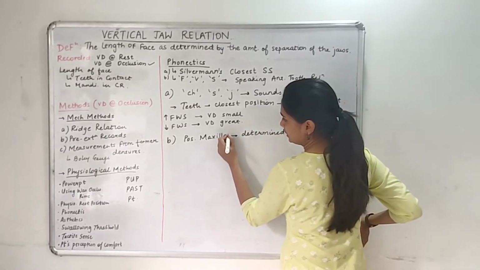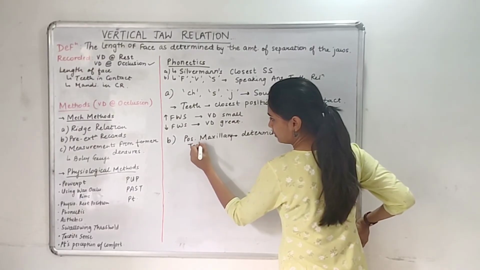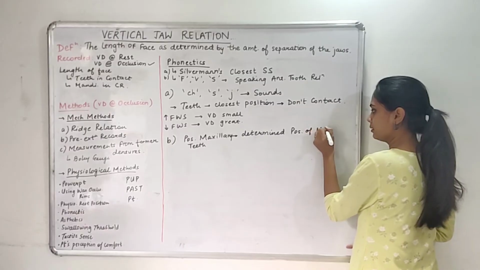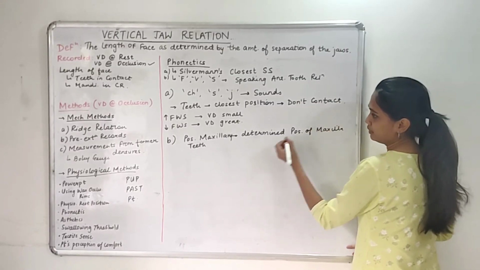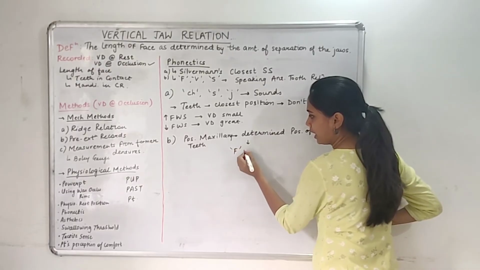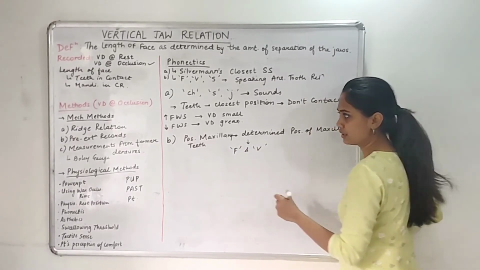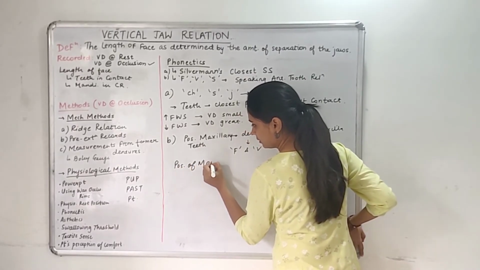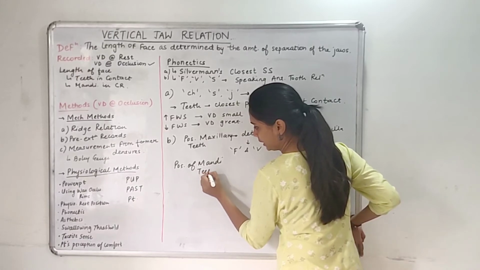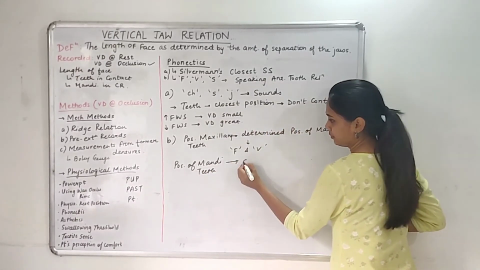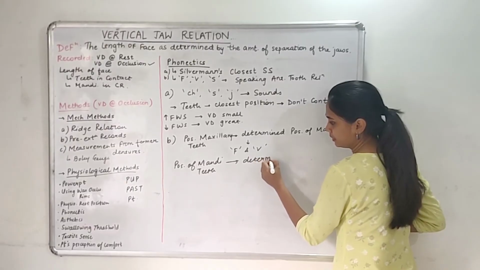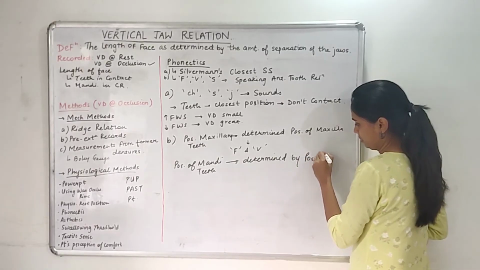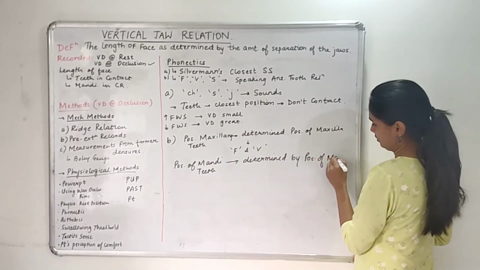The position of the maxillary teeth is determined by the position of the maxilla when F and V sounds are produced. Similarly, the position of the mandibular teeth is determined by the position of the mandible when S is spoken.